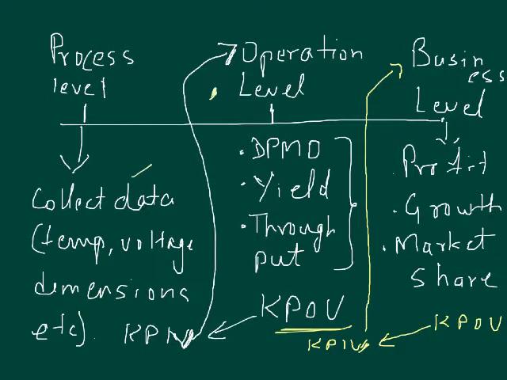To summarize what's on this slide, under the process level you collect the data, which becomes the KPIV for the next operation, and then the operation KPIV results in the business level KPOVs. This is an example of how we can identify links needed to discover relationships between the key process input variables and key process output variables.